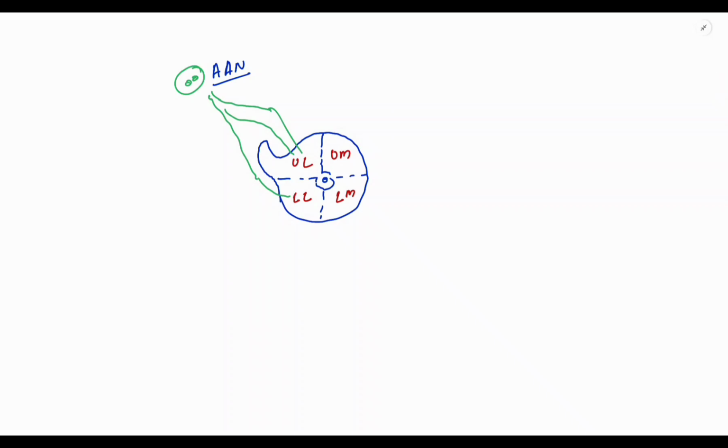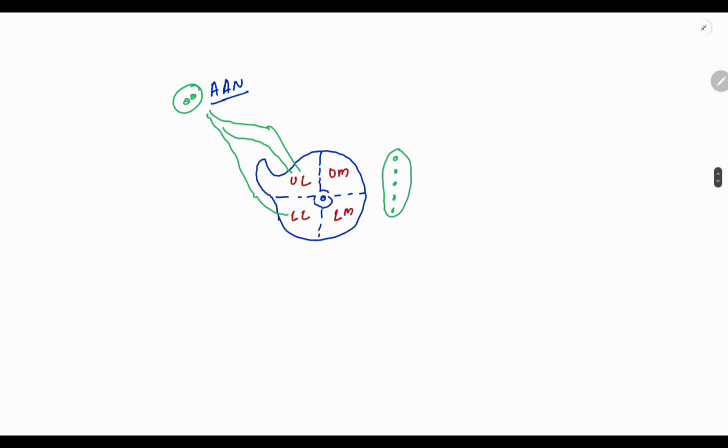And from the medial quadrant, we have upper medial quadrant here and the lower medial quadrant. From this area, lymph drains into, on either side of the sternum, the parasternal nodes, also known as internal mammary nodes. So here you should remember one thing.